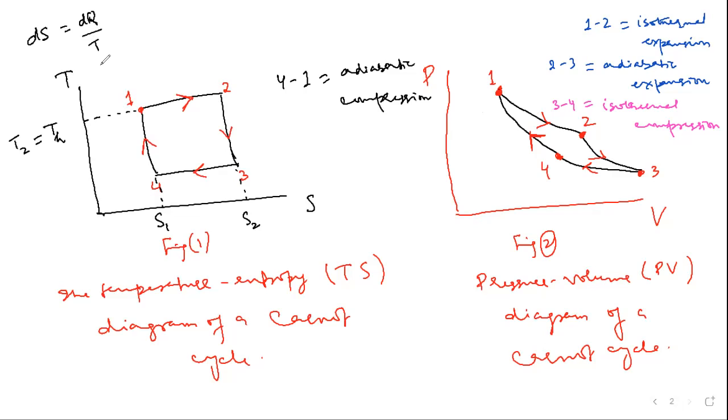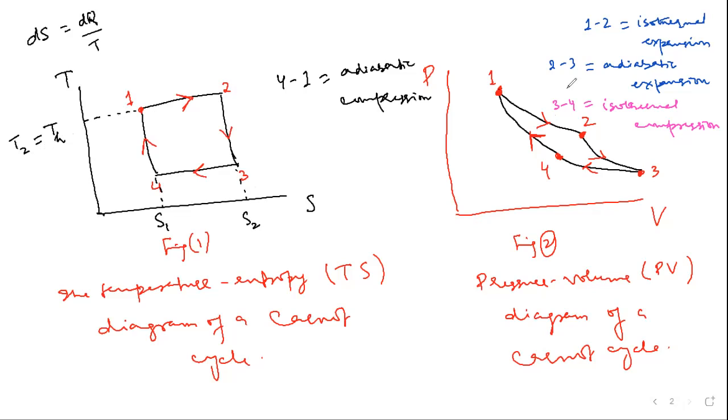T is the temperature. So since heat goes into the system from point 1 to point 2, the change in entropy is positive. Entropy of the system increases from point 1 to point 2, from S1 to S2, right? And this change occurs at the temperature TH, which we now call T2.